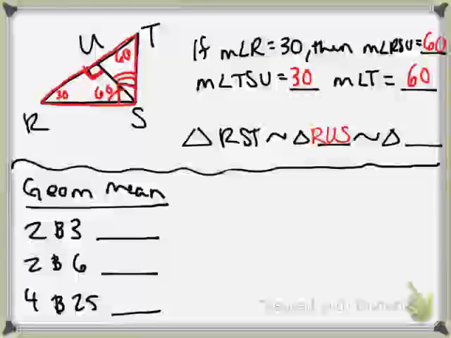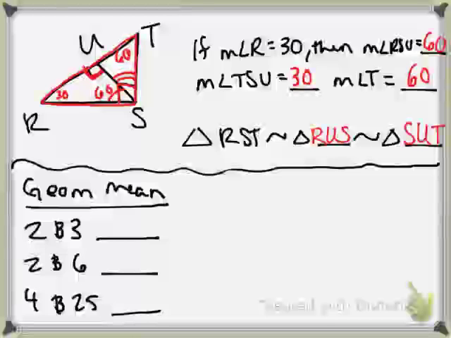So R was 30. What's 30 in the top triangle? S. In the big triangle, S was 90. What's 90 in the top triangle? U. And what other letter do I need for the top triangle? T. So we have some similar triangles there from angle-angle similarity.